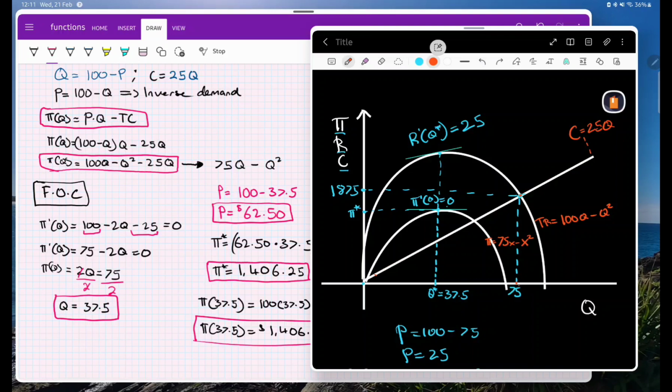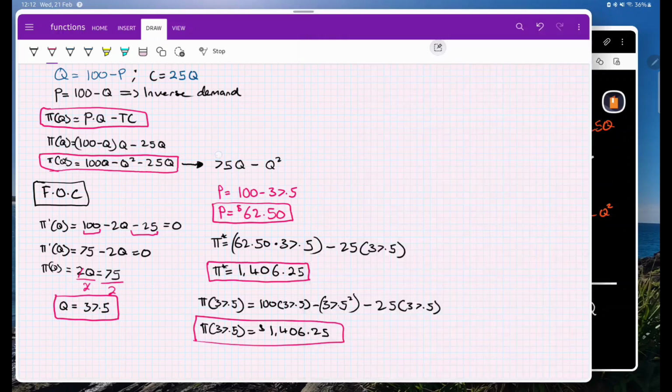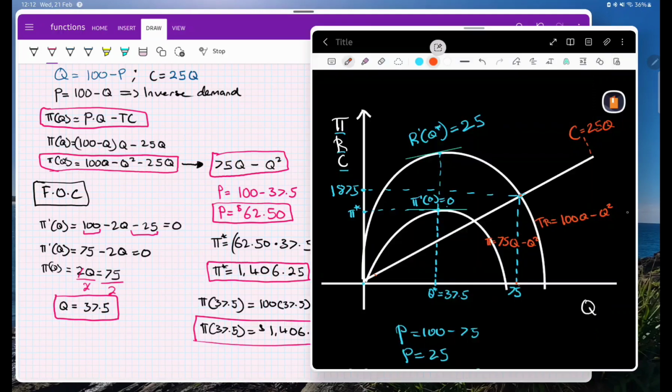Total revenue is your downward facing parabola, the bigger one, and your profit function is your smaller downward facing parabola, which is your 75Q minus Q squared. I wrote it in terms of X right there, it should be in terms of Q, sorry. We have derived it from our profit function over here. That's why it's a downward facing parabola, because of the negative Q squared. Same with the total revenue function.